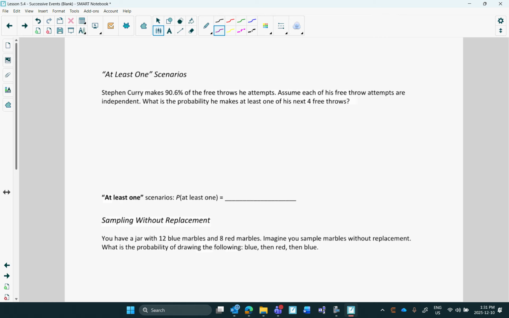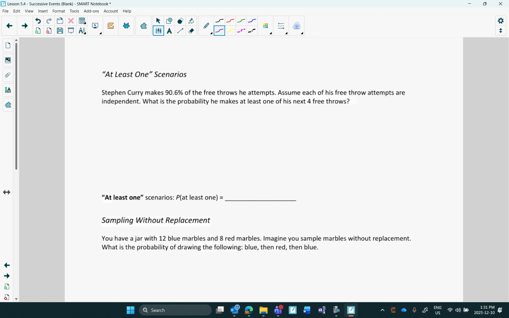Well, that could get a little crazy, because think of all the possible combinations where he makes one. He could make the first one and then miss 3. He could miss the first one, then make, then miss. These are all situations where he makes 1.